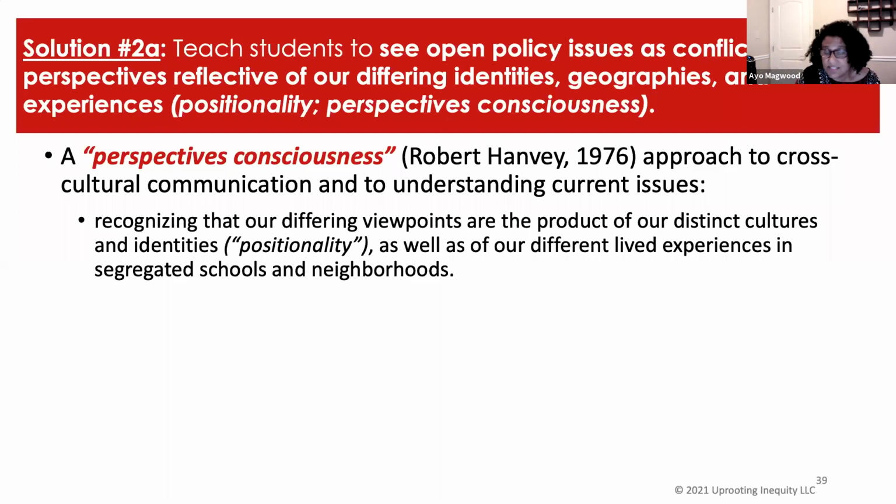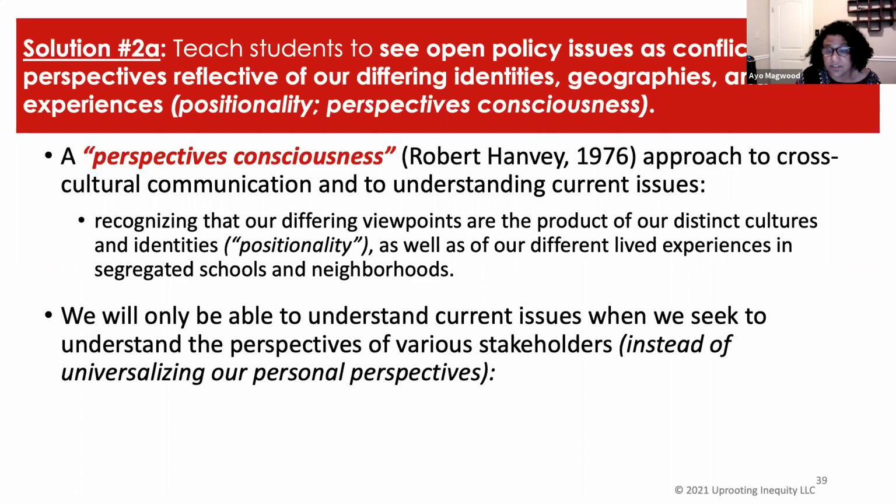And those maps, that's of Cincinnati and Cleveland, and that's pretty much what all our cities look like in the United States. So we will only be able to understand current issues or others when we seek to understand the perspectives of other people instead of universalizing our personal perspectives. For example, after George Floyd, some people living in wealthy white neighborhoods said, no, there's no such thing as police brutality.